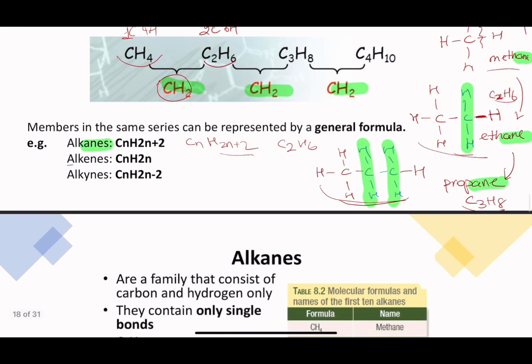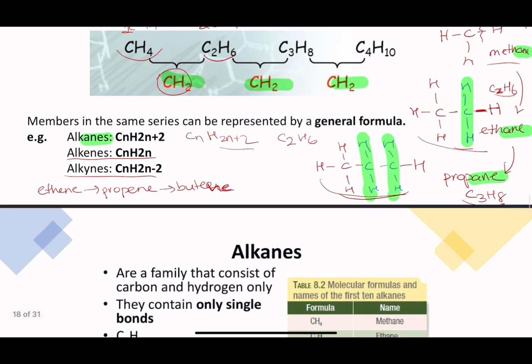But you can have homolog series within alkenes and alkynes. For example, I can have ethene, and then I can have propene, and I can have butene. They are all homolog series. And then the same thing could be ethyne from alkyne, ethyne, and then propyne.